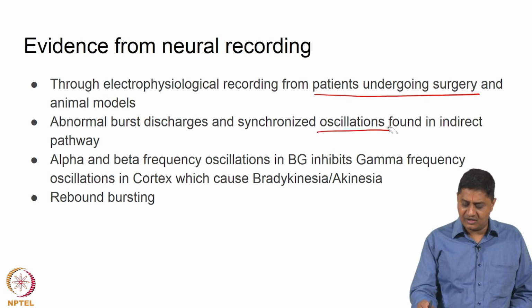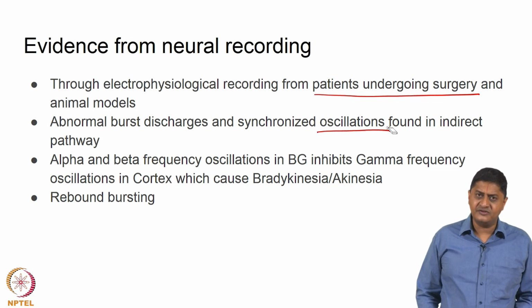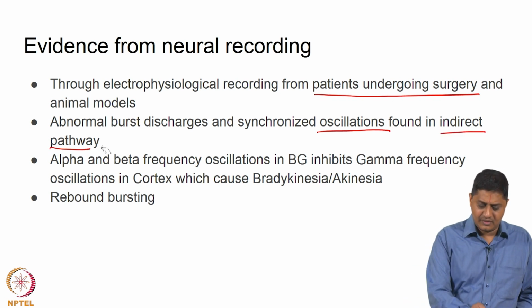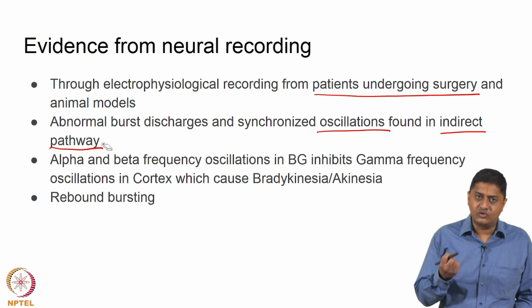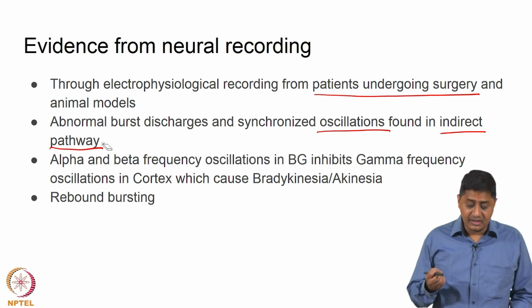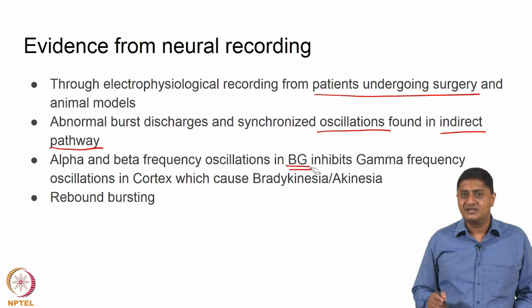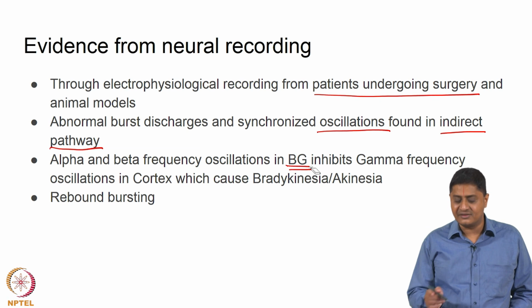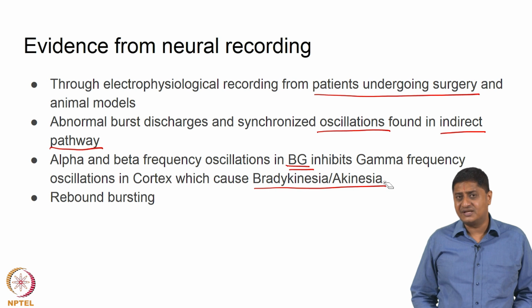So, specific oscillations or synchronization between oscillations in different regions in the indirect pathway are believed to be at least one more source of information that could help us understand the pathology better. In particular, alpha and beta frequency oscillations in the basal ganglia inhibit the higher gamma frequency oscillation in the cortex. So, it is this inhibition that causes bradykinesia, slowness, and akinesia, lack of movement.